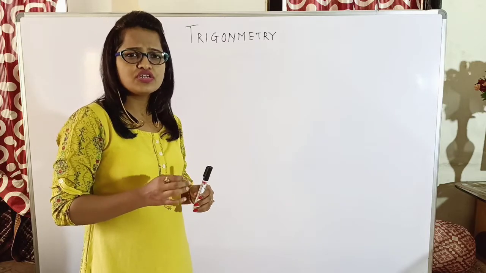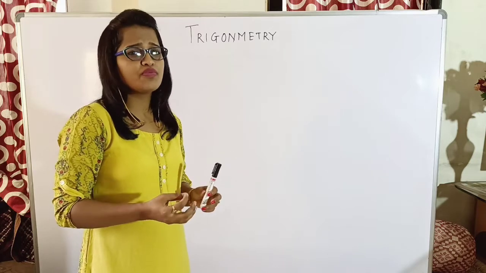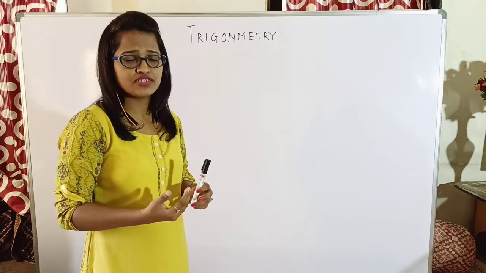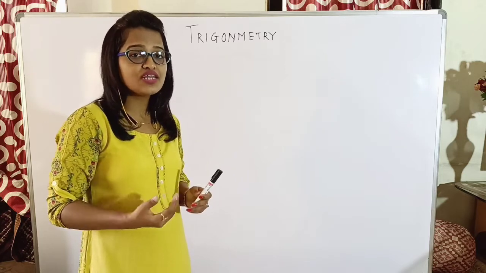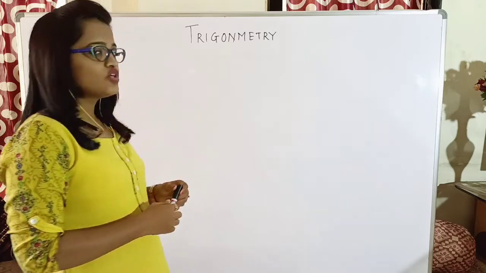You are not supposed to remember the values for all the angles. Just remembering for 1-2 angles, you will be able to recall it for all angles. For that, you should know the relation between the different ratios, isn't it? Yes. So now let us begin with the topic.